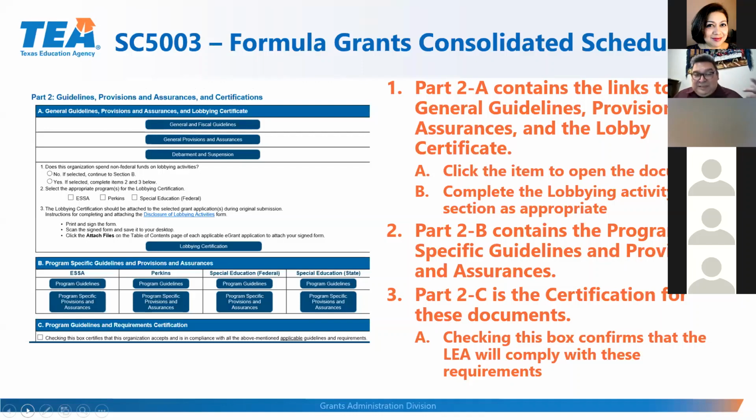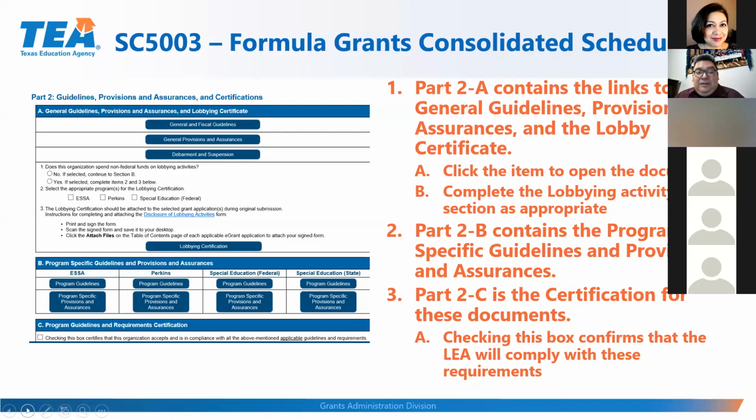I would always, as a personal preference, save that onto my computer so I can always reference it, because it is very useful information. The program division has gone through and added a lot of useful information for each of the different funding sources to help you on how you're going to be using these funds. And then there's the program-specific provisions and assurances based on statute.